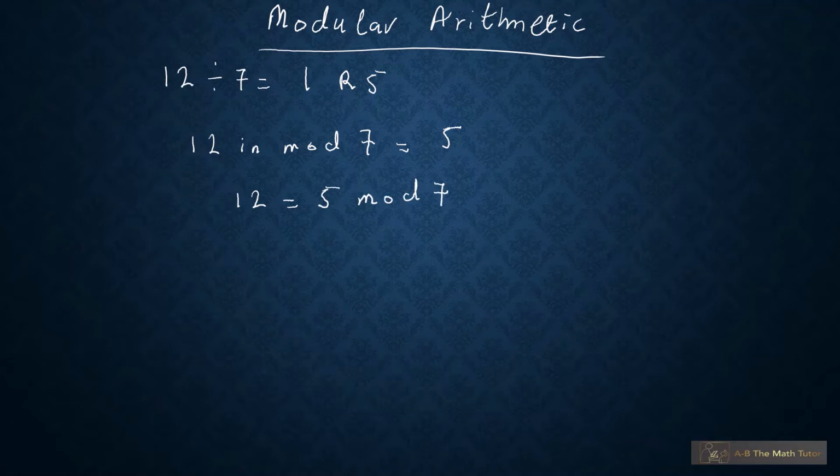So here's the catch. Whenever you are trying to find a number in terms of the mode of another number, or modulo of another number, you are always supposed to focus on the remainder.